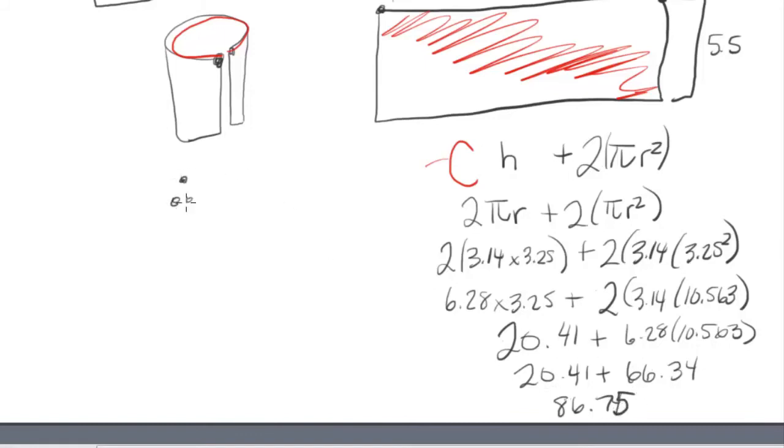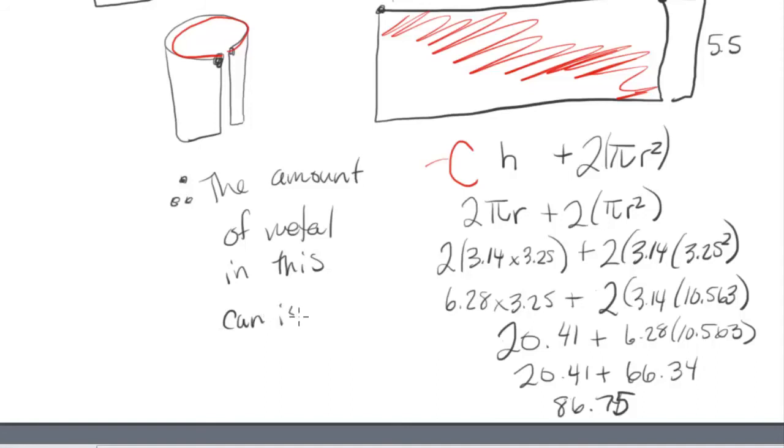Therefore, the amount of metal in this can is 86.75 centimeters squared. All right, that's how much metal is in this particular can.